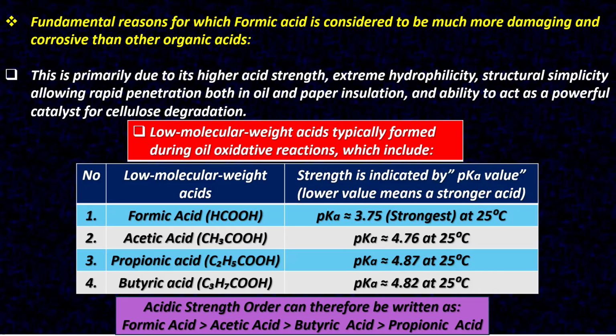Propionic acid pKa equals 4.87 at 25 degrees centigrade, and butyric acid 4.82 at 25 degrees centigrade. Acidic strength order can therefore be written as formic acid is greater than acetic acid, is greater than butyric acid, and greater than propionic acid.